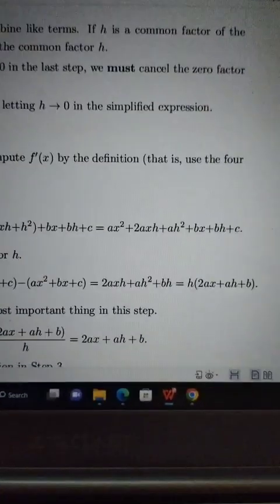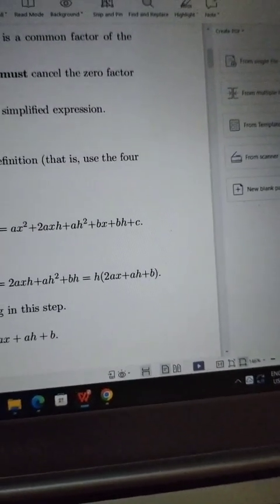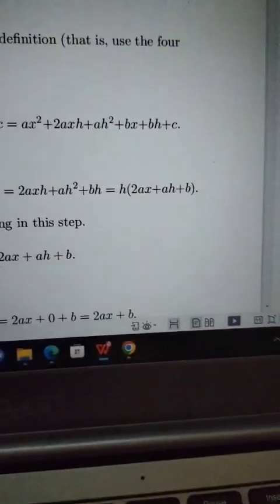Then step 3, cancel the h. We need to cancel the h. H is the most important thing in this step.